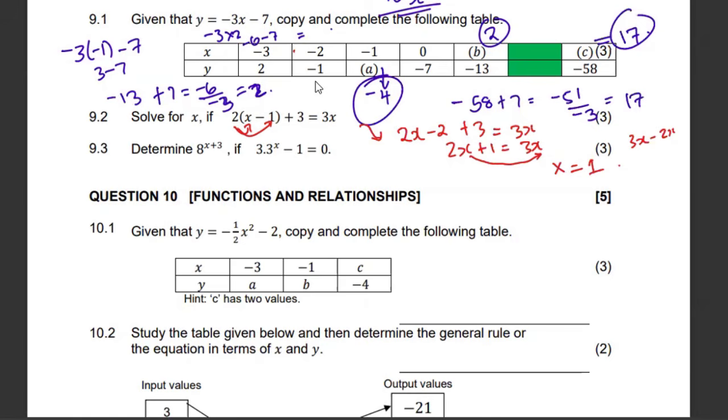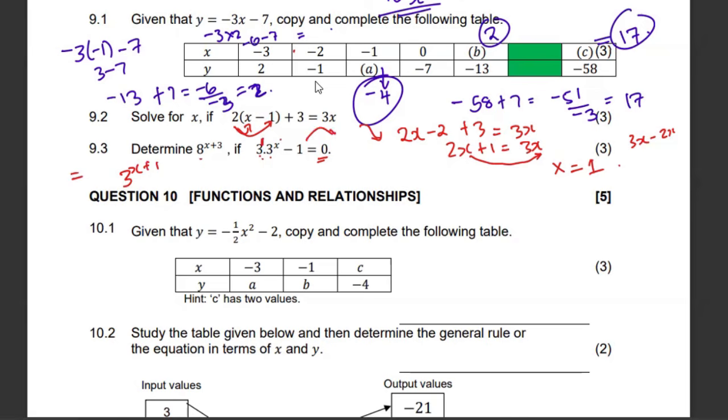Then determine 8 to the x plus 3 if 3 times 3 to the x minus 1 gives us a 0. How do we sort this out? If we use this, it's going to be 3 to the x plus 1, because this 3 has exponent 1 here.